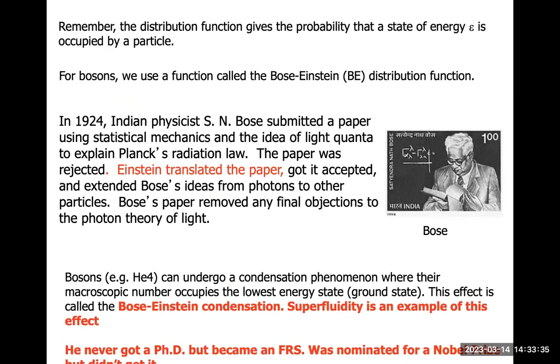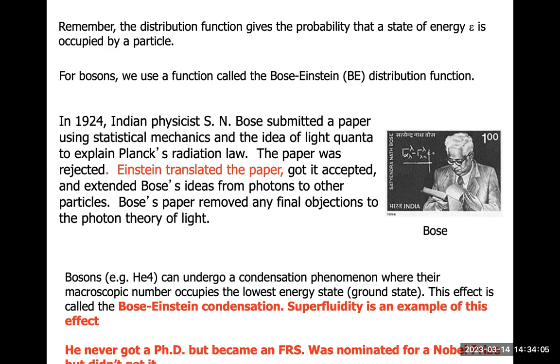The Bose-Einstein story is quite interesting. Bose, an Indian genius physicist, came up with this notion of Bose-Einstein. Now it's called Bose-Einstein statistics of distribution, probability distribution. They couldn't get it published. I guess there was a lot of bias in the scientific literature at the time, as there is today.